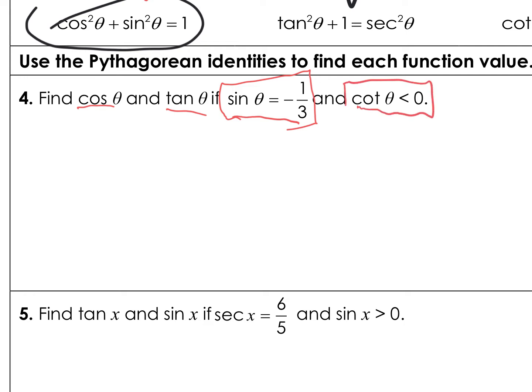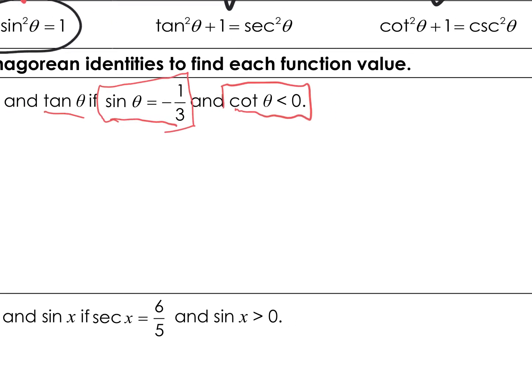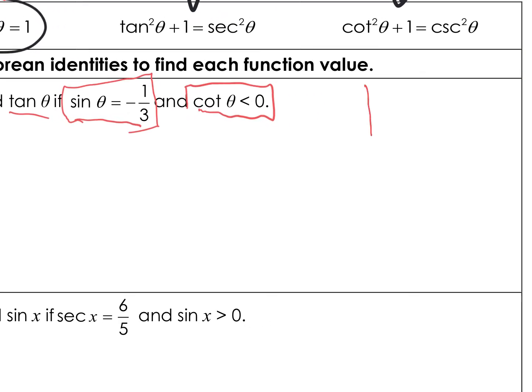Where's cotangent negative? I'm just going to take a couple of seconds and ask myself, in these four quadrants, cotangent of theta, if you recall, is considered to be x's over the y's. So if the x is negative and the y is positive, that would suffice.